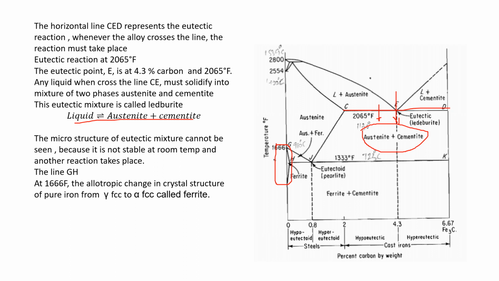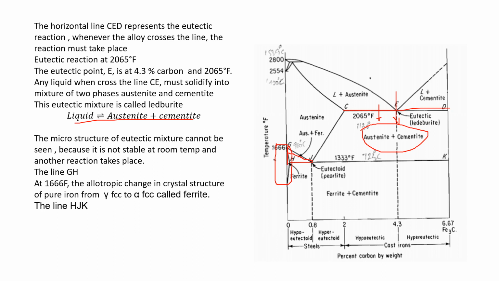So this is the region of the pure crystal form of pure iron from gamma to alpha. This is the ferrite region.